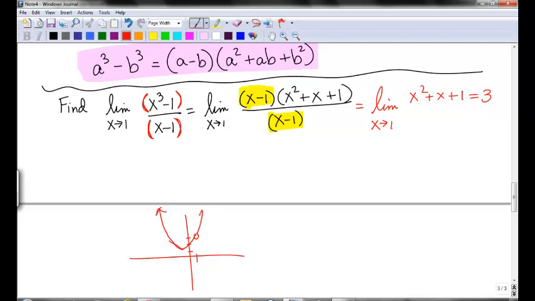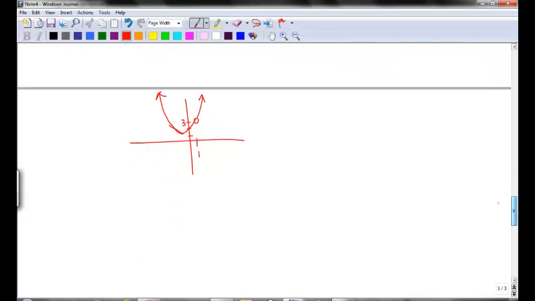Okay, this is kind of quick on the graph, but as x approaches 1, you got an open circle. Okay? So I would highlight on this assignment up at the top, open circles, kind of as a reminder. Open circles and factor. Okay?